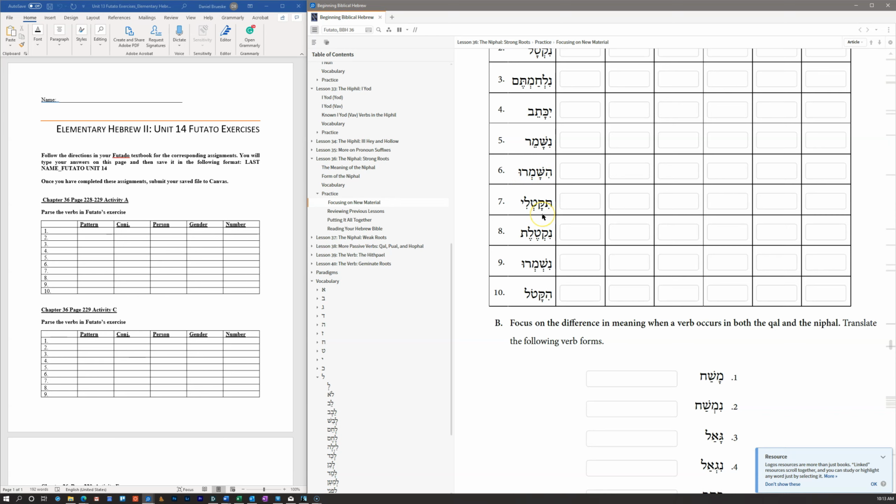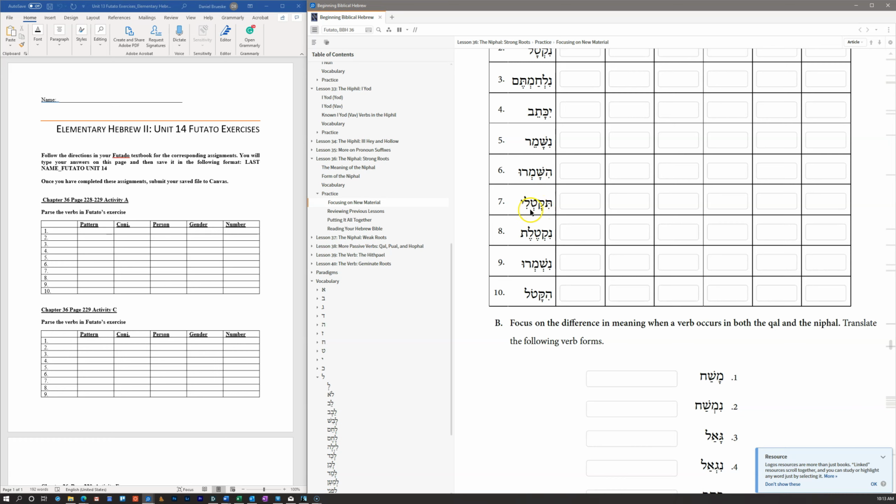All right, next one we've got is Tikachtli. Tikachtli here, we've got the tav hirik prefix that indicates an imperfect conjugation, but then we've got the Dagesh Forte in R1 that indicates Niphal imperfect.